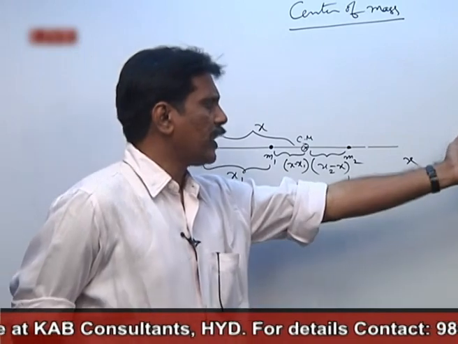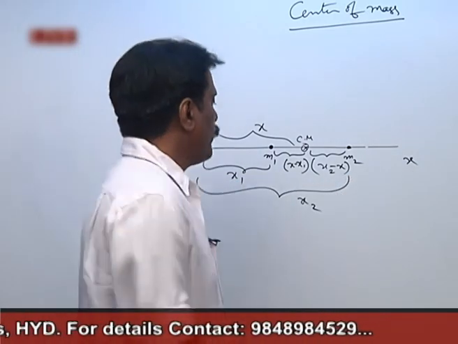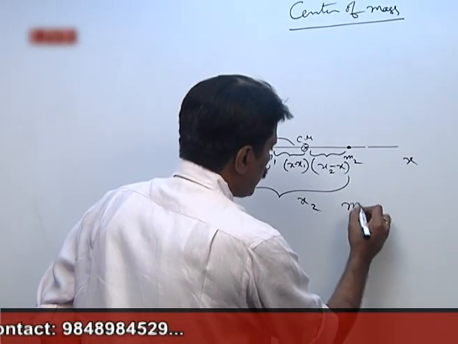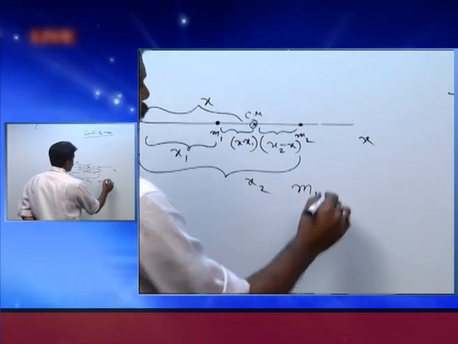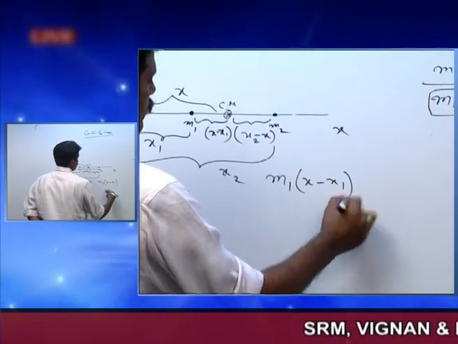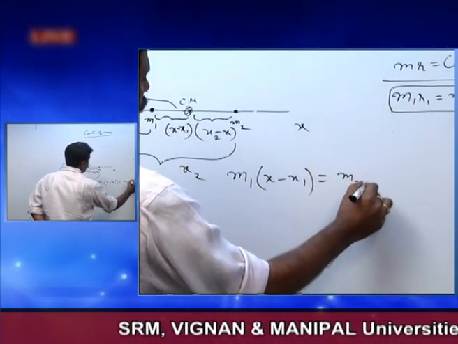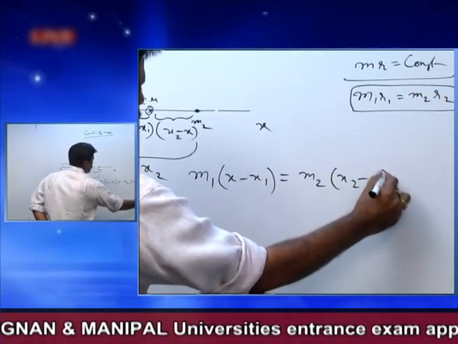By the same logic, m1 r1 equal to m2 r2, if you write m1 into x minus x1 is equal to m2 into x2 minus x.